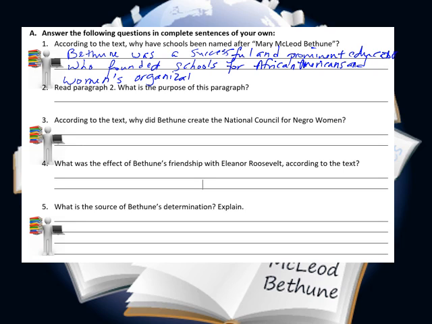So because she did all of these things, she was very popular, and they wanted to show her that they honored all she did by naming schools after her.